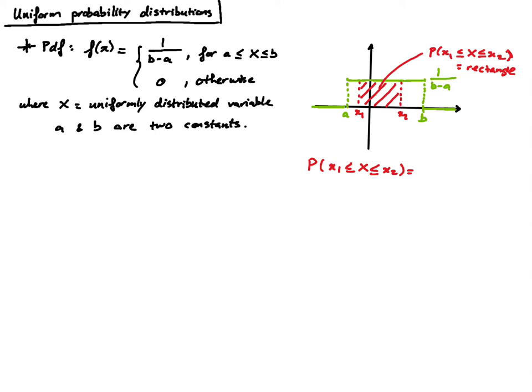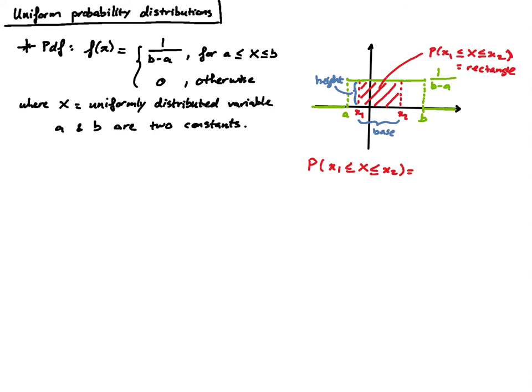And the base is just the difference between x2 and x1, and the height is the distance between the x-axis and the probability density curve. And we know that that distance is 1 over b minus a.